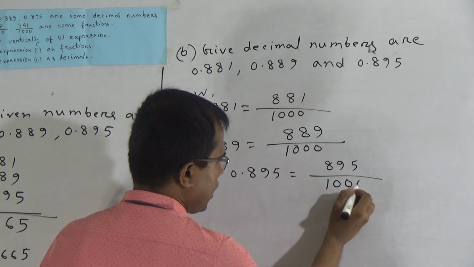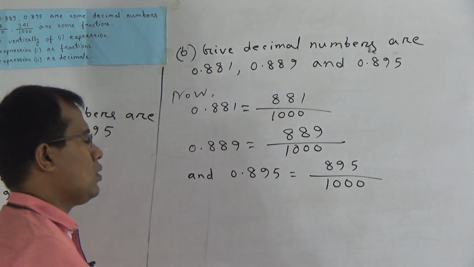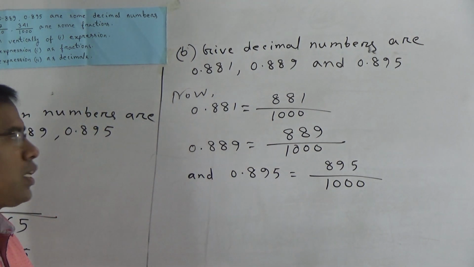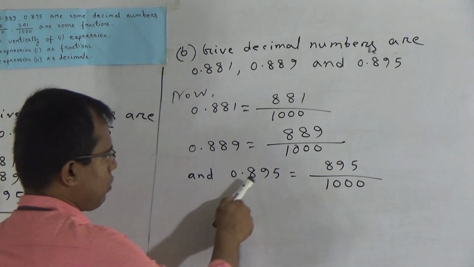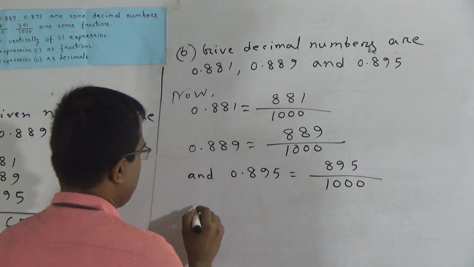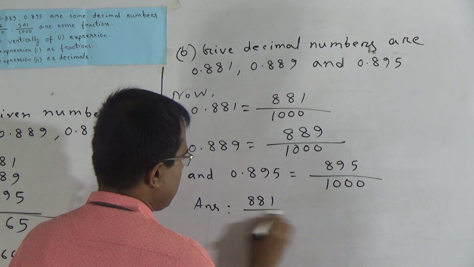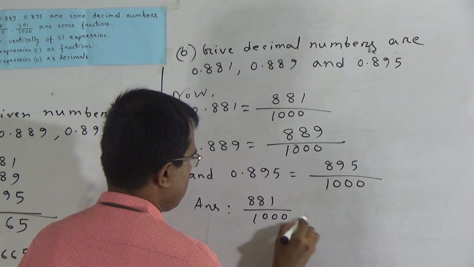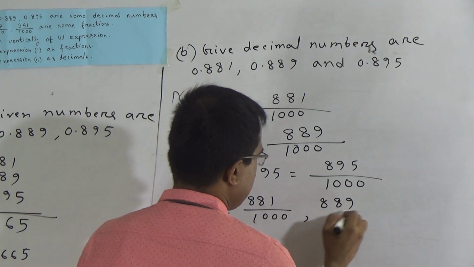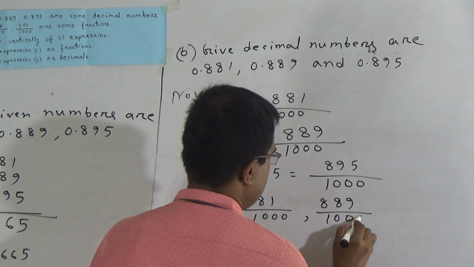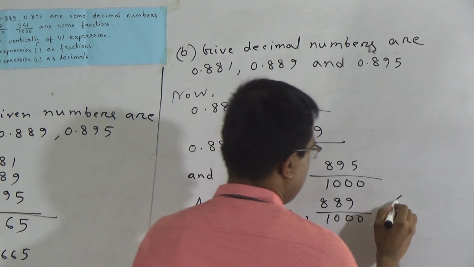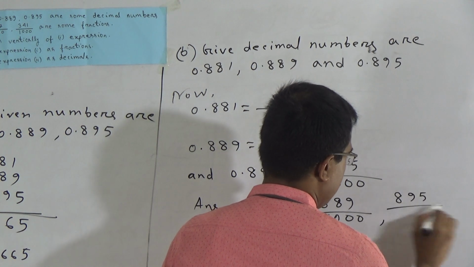So 895 by 1000 is the fractional form of 0.895. So answer will be 881 divided by 1000, 889 by 1000 and 895 by 1000.